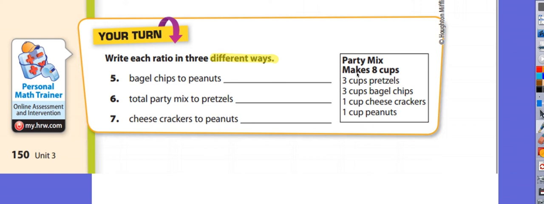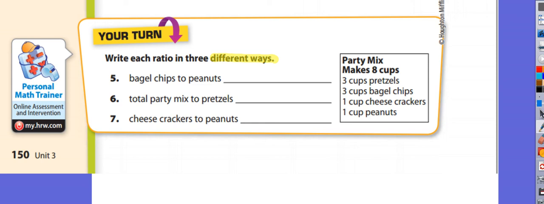If you're unclear on what to do here for numbers 5, 6, and 7, go up to the very top of the page where it says writing ratios. It shows you a bunch of different ways to write ratios. You should be able to examine this party mix and write all of these ratios in 3 different ways. Please pause the video, and when you've made your best effort here, we can then check our answers. All right, pencil ready to make any corrections.